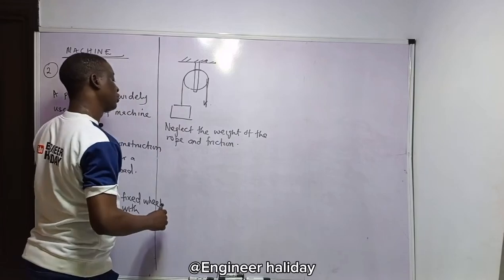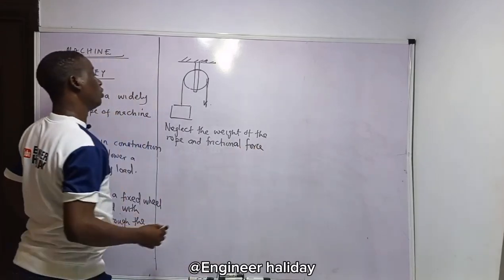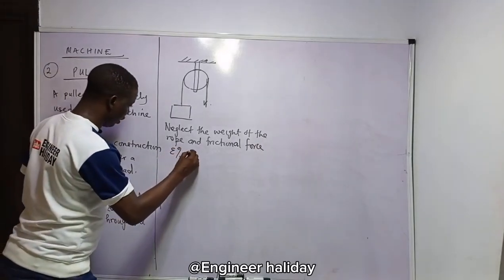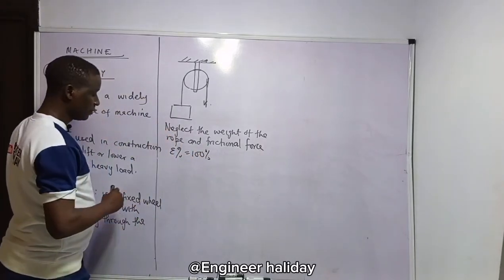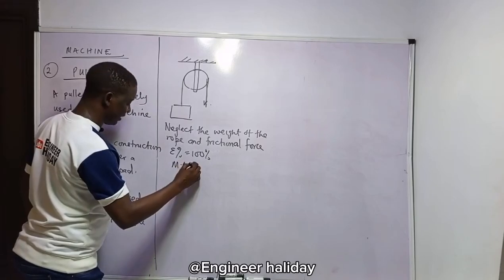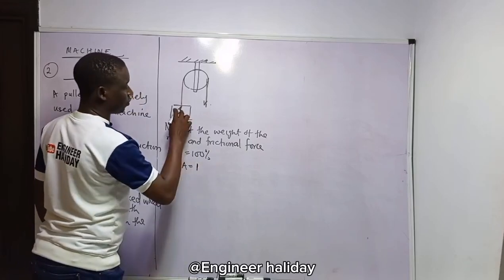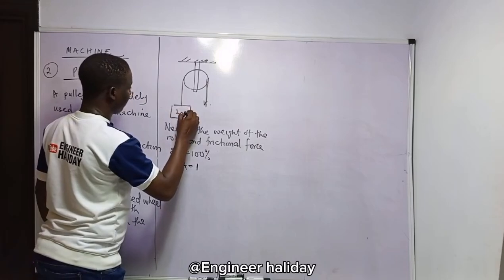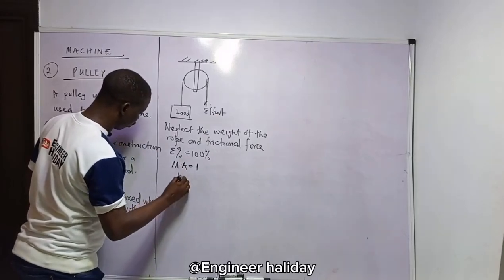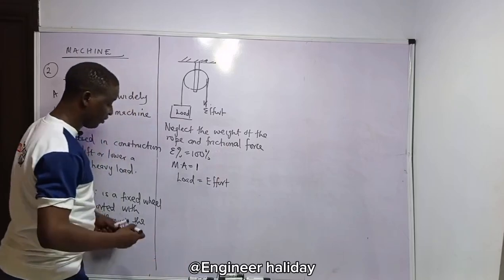If you neglect the frictional force, efficiency will be equal to 100%, and the mechanical advantage will be equal to 1. Why? Because this is the load and this is the effort, and the load will be equal to the effort, having neglected all these factors.